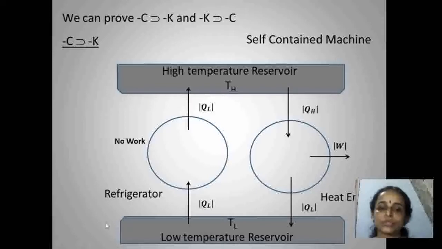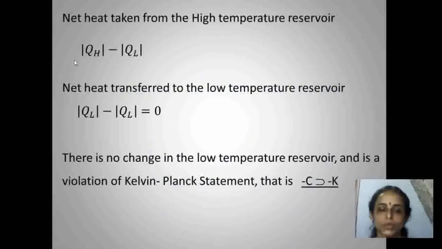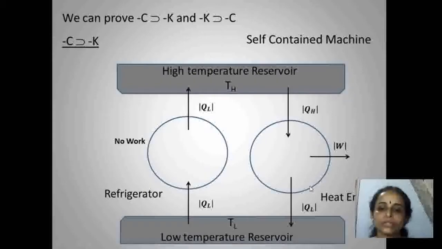But these two can be considered as a self-contained machine. That means these two can be considered as performing some processes together. So in that, the net heat transferred from the high temperature reservoir is QH minus QL, and the net heat transferred to the low temperature reservoir is QL minus QL.